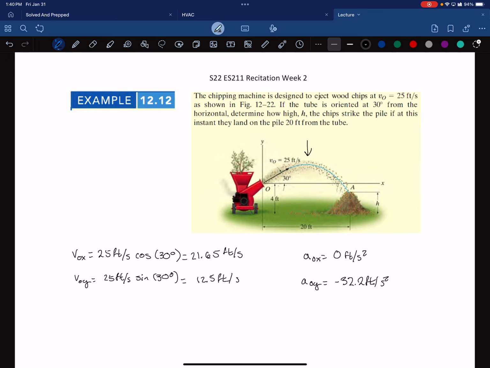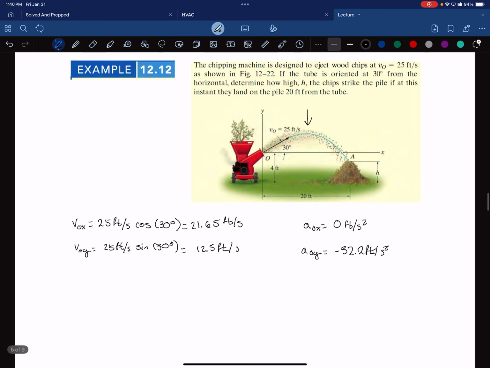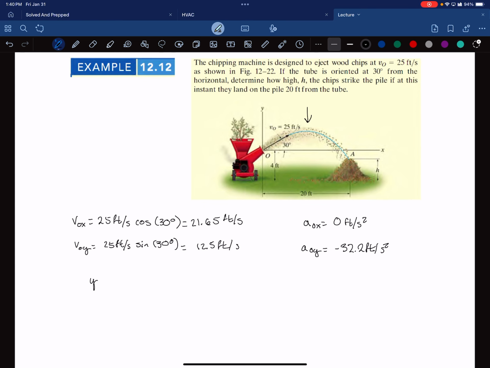All right, so we want to eventually know how high the chips are landing. I would use the equation, it's on your equation sheets: y equals y naught plus velocity in the y times the time plus 1/2 acceleration in the y direction times the time squared.